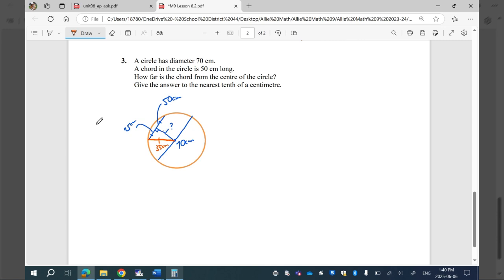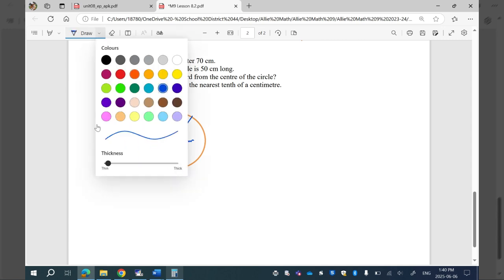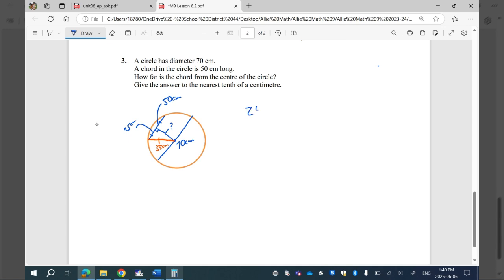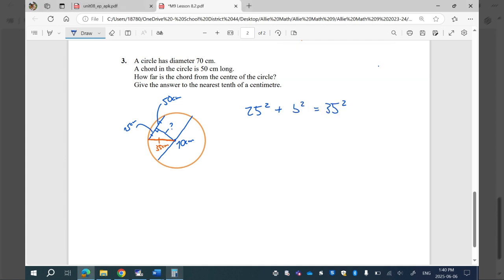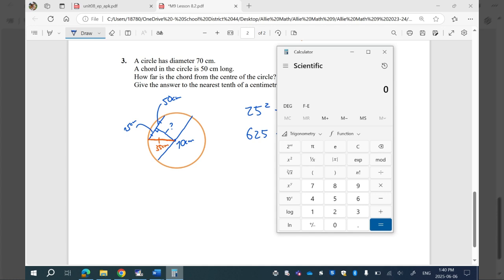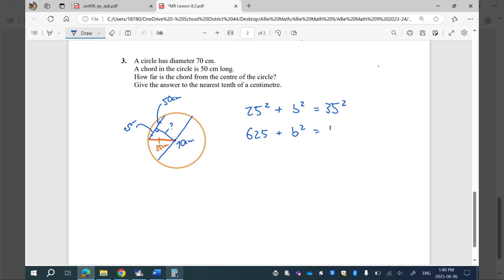So we have this information that 25 squared plus, let's say, b squared equals 35 squared. So let's solve that. 25 squared is 625, plus b squared equals 35 squared, which is 1225.